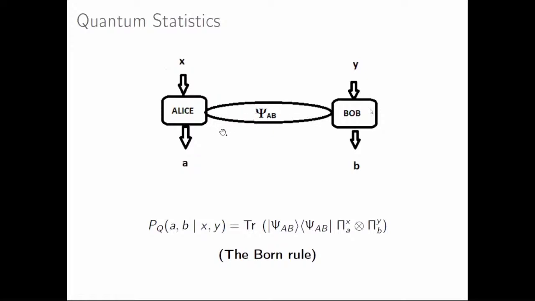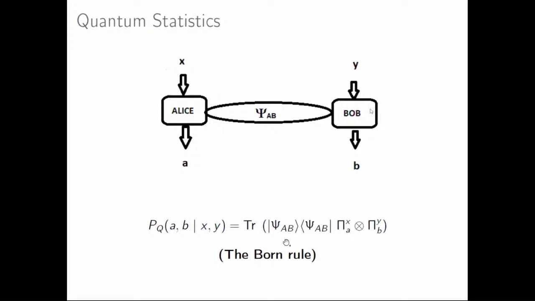Alice and Bob can be located in faraway locations, and suppose Alice performs a measurement X on her part and obtains an outcome A, and Bob performs a measurement Y on his part and obtains an outcome B. Then from quantum mechanics we can calculate the probability of getting outcome AB when the measurements were X and Y using the Born rule.